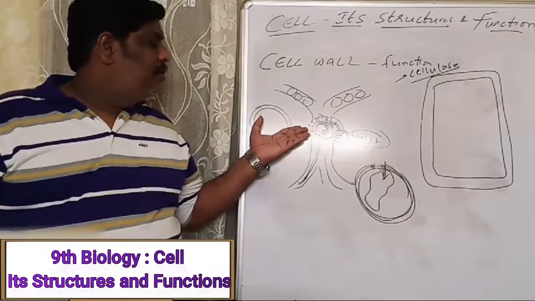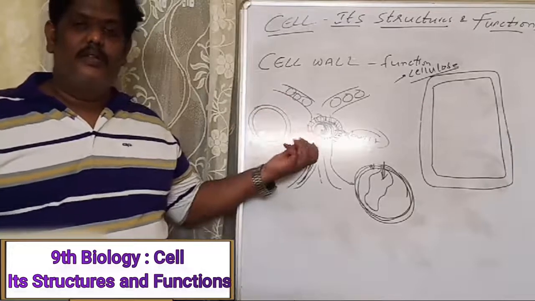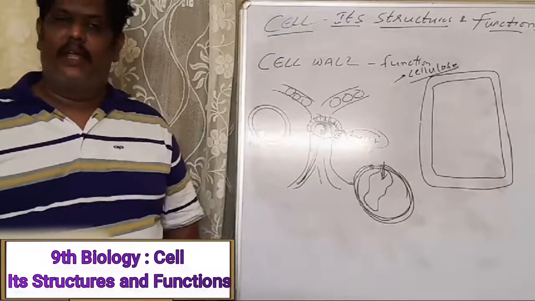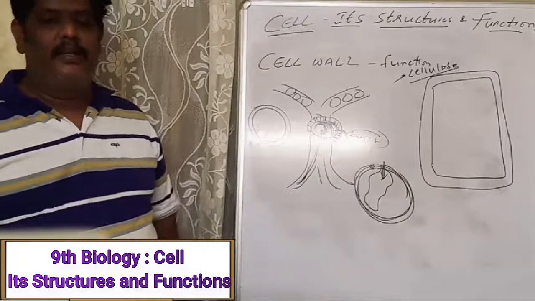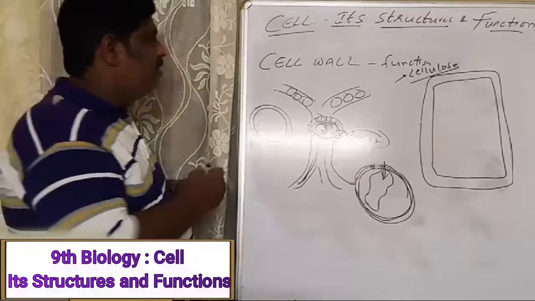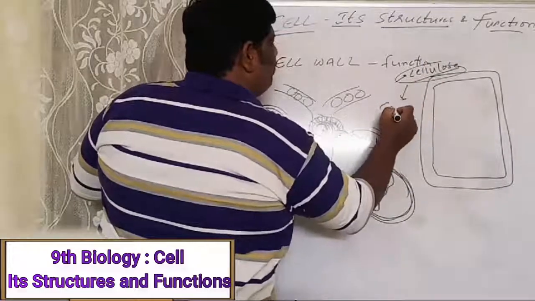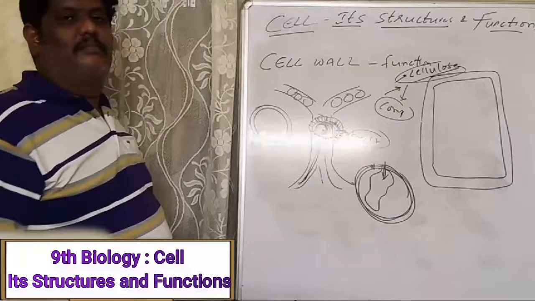It will not allow the cell to burst, because water keeps on coming into the cell, and at some point it should burst open, but that will not happen because the cell wall is protecting it. Moreover, we have also learned that the cell wall is made up of a complex carbohydrate called cellulose.